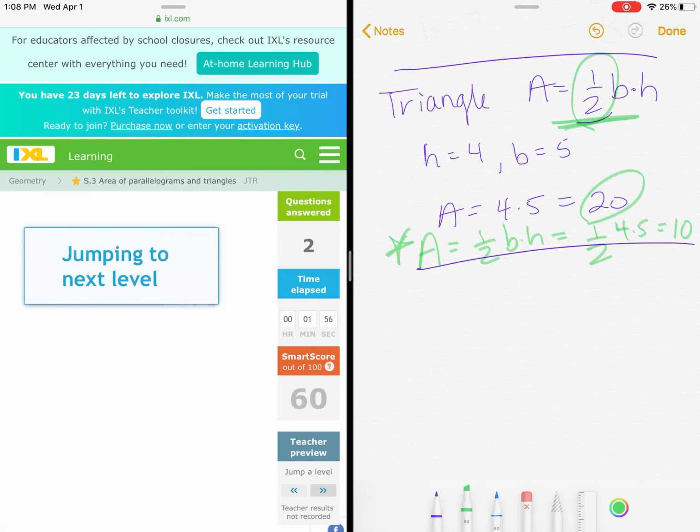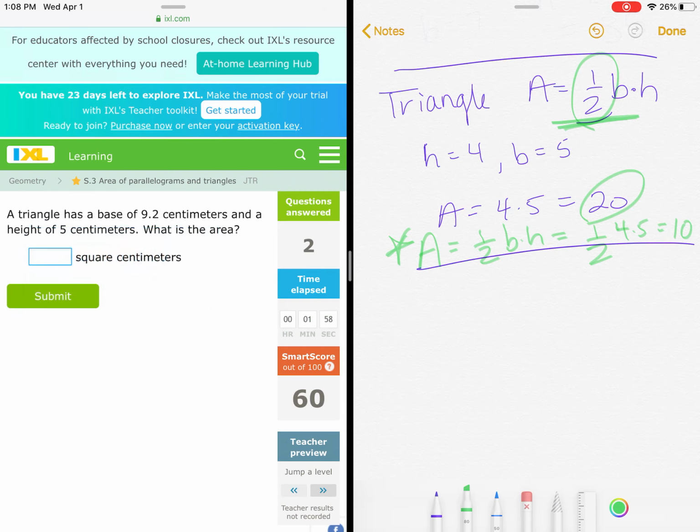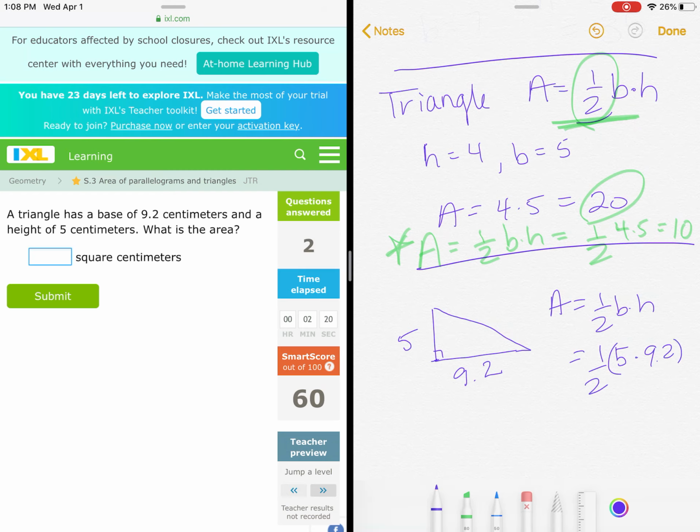That's a parallelogram. Let's kind of skip up a little bit. All right, a triangle has a base of 9.2 and a height of 5. What's the area? So area is 1/2 base times height. Let's not forget the half this time. 5 times 9.2.